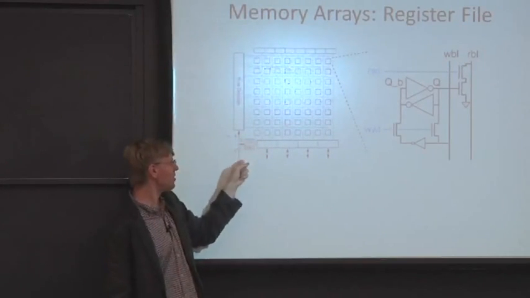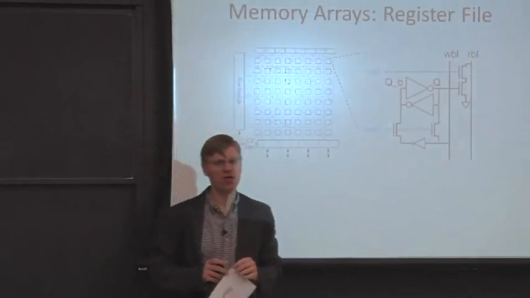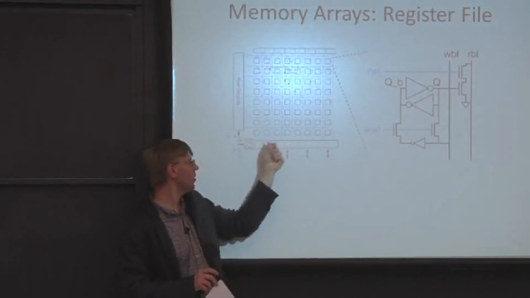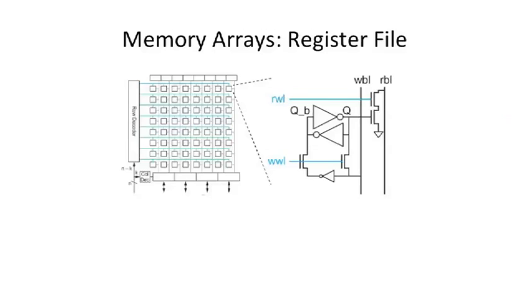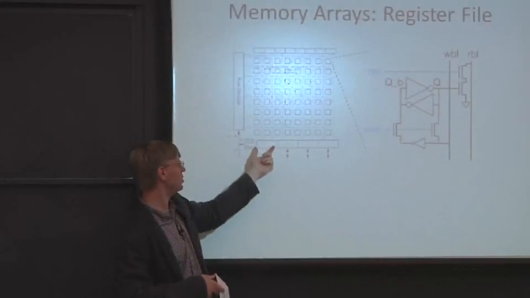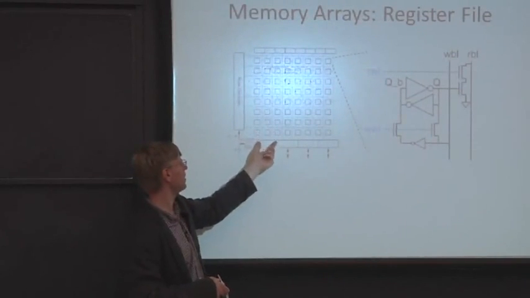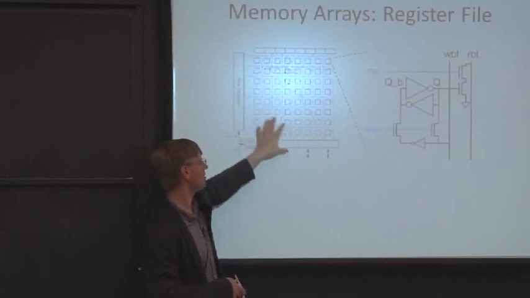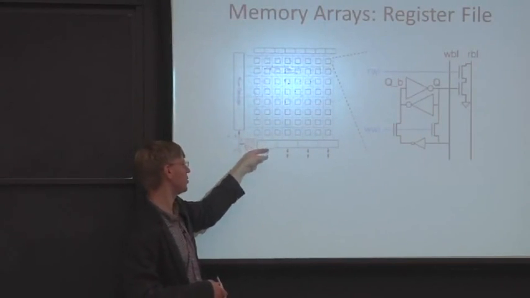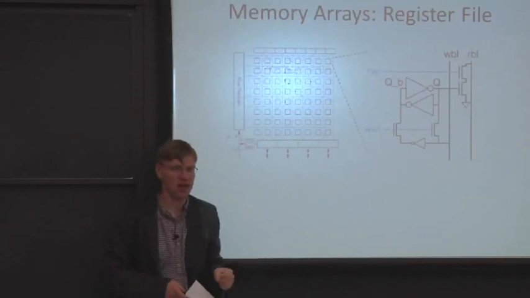But we're actually going to split out some of the bits of our address and send it over to here, which is the column decoder. This column decoder is just a multiplexer very similar to this multiplexer, but it's going to only have a subset of the bits. Instead of having all of the bits going through this multiplexer with an n-bit address coming into it, it has a subset of that.